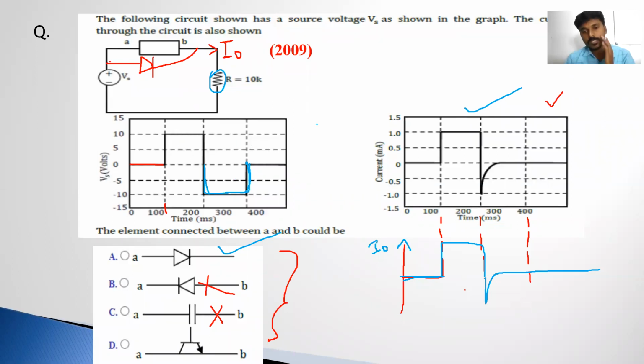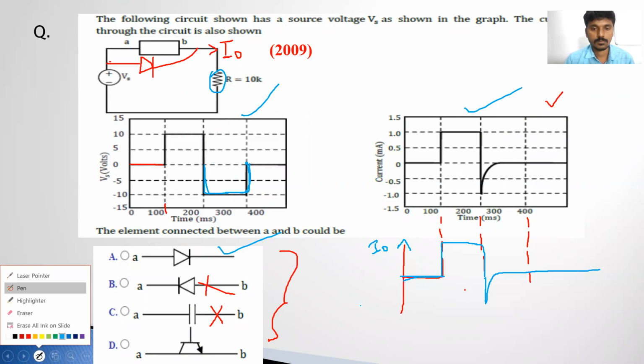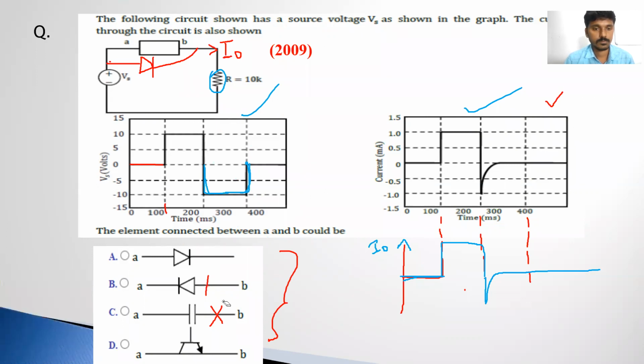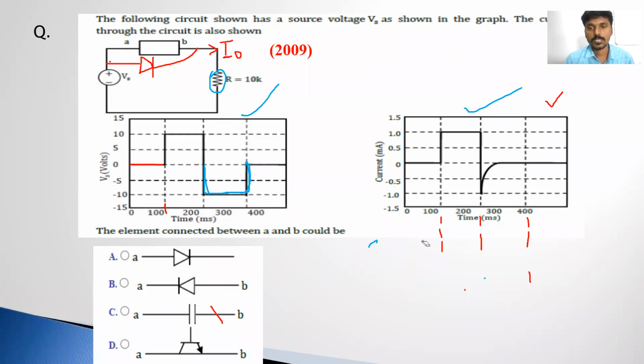Clear? So that's why we cannot connect the transistor here. Only the diode we can connect. By connecting the diode, for this supply voltage we are getting this waveform.